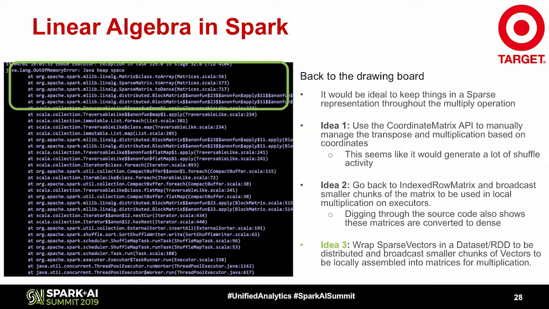So the last idea I had was to wrap sparse vectors in a data set, or RDD, and then manage the linear algebra myself through the executors and the tasks. And then again, try and broadcast out smaller chunks of these vectors for that multiplication by the transpose, reassemble these vectors into matrices locally, and then take care of the math at a low level.